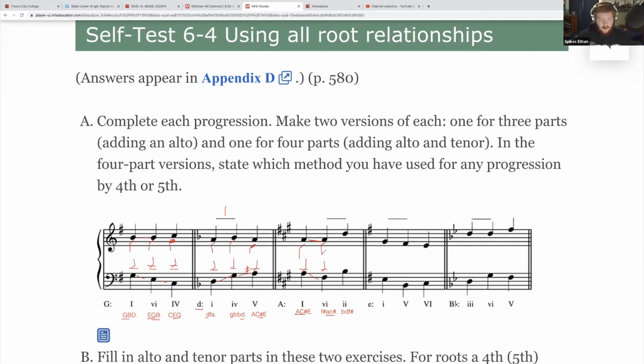Works beautifully. Next, our bass moves up by a fourth. So they've given us a dash here to tell them which method we're going to use. Our common note is the F sharp. We have a tertian leap. You recognize the tertian leap. Beautifully done. So that means we're going to do way number 3, right?